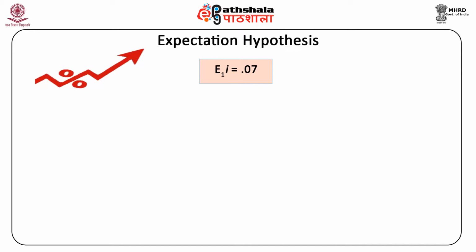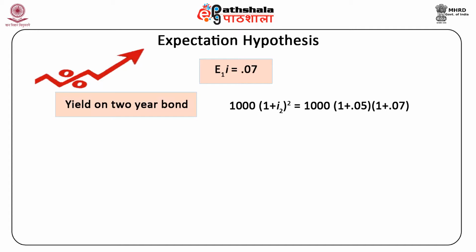In this case, the yield on a 2-year bond that equates the expected return of holding a 2-year bond with that of a series of 1-year bond gives us the condition, that is 1000 into (1 plus i2) whole square is equal to 1000 into (1 plus 0.05) into (1 plus 0.07), which is same as 1 plus i2 equal to 1.06.